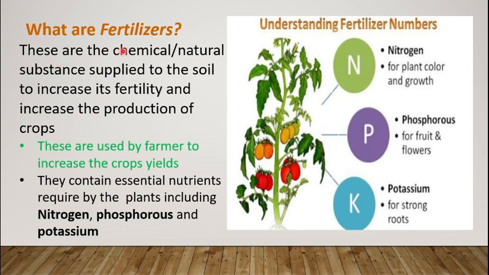These are chemical or natural substances supplied to the soil to increase its fertility and increase the production of crops. Means fertilizers are added to the soil to increase its fertility and of course increase the production of the crops. So the main objective of a farmer is to increase the crop's yield.